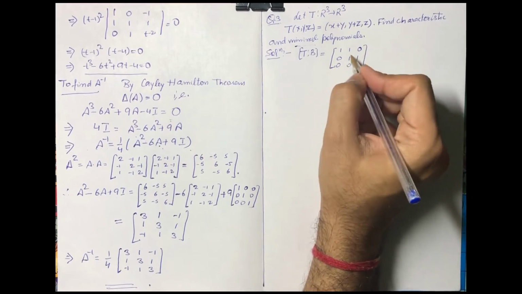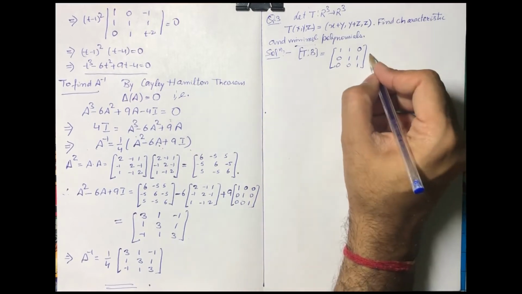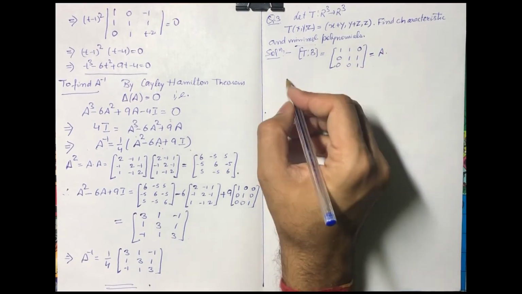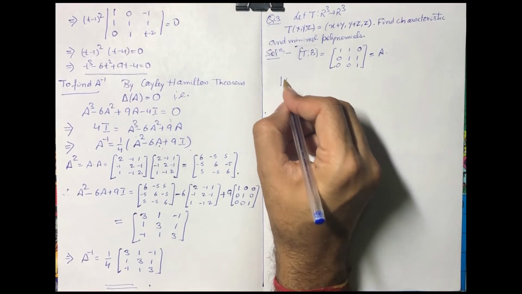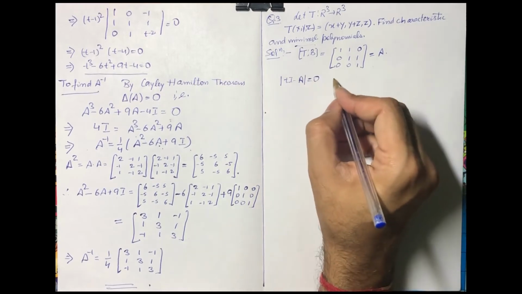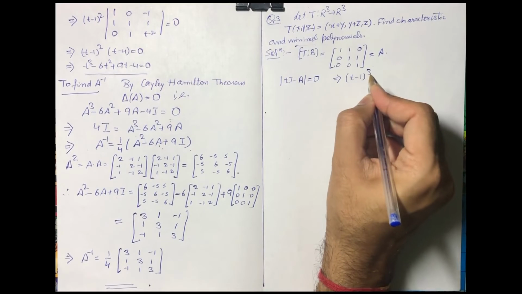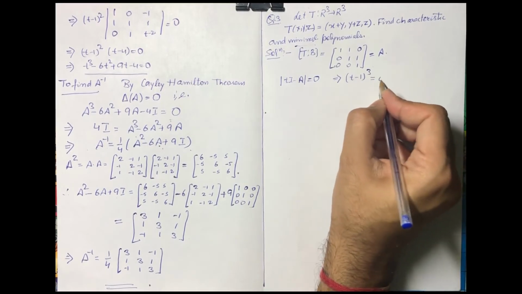Now from this matrix we can write its characteristic polynomial. If we let this be A, then the characteristic polynomial is the determinant of tI minus A equal to 0, which comes out to be (t minus 1) cube equal to 0.